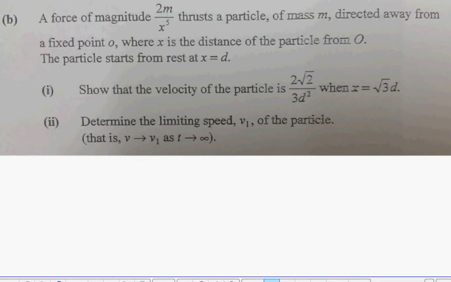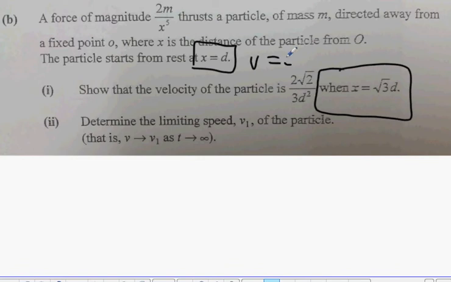Now, x equals d, and show that the velocity v equals 0 when x equals d. When x equals root 3 d, find the v value.